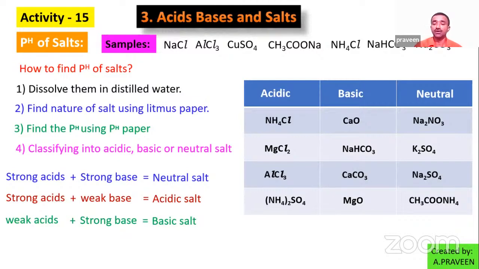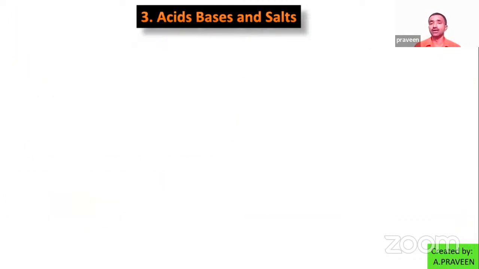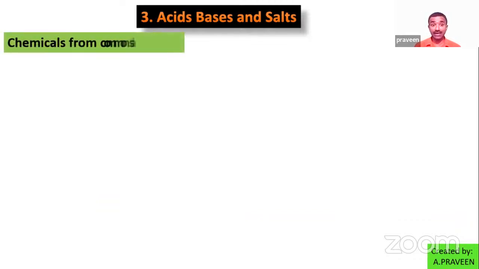Then here we will discuss some importance of common salt in our daily life and in different sectors. The salts produced from the common salt are called chemicals from the common salt.